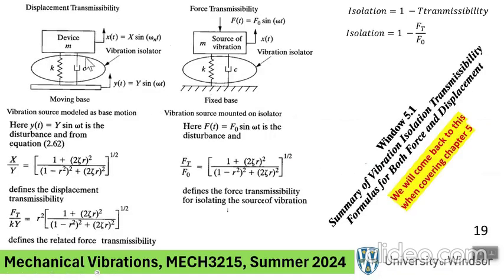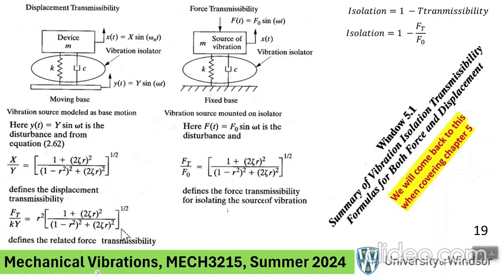All right, now here's a summary of what we have done. This is taken from Inman's book. It's called Window 5.1. If this is a fixed ground here, force transmissibility for the base being fixed. This is the displacement transmissibility due to the motion of the base.